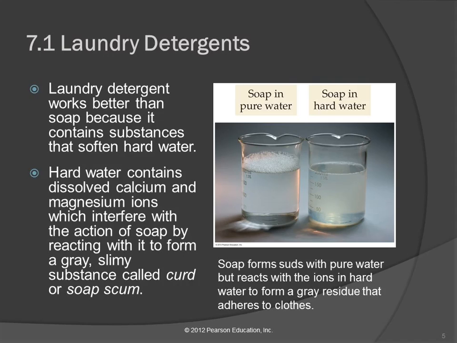And that's because the ions in the hard water react with the soap. So we've got dissolved calcium and magnesium ions, and they interfere with the action of the soap. They react with it and form a gray, slimy substance called curd or soap scum. So if your clothes are getting dingy and gray in your wash, it's because of the hard water. It's a chemical reaction.